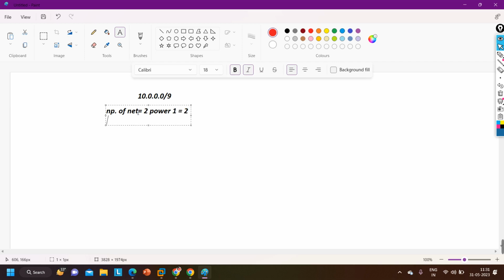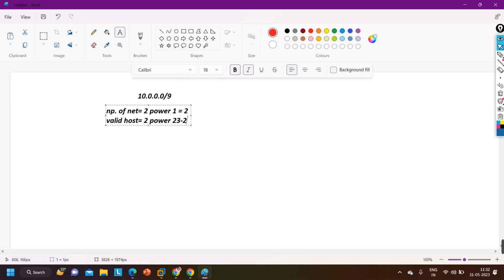Yes, 2. Okay, very good. Valid hosts: 2 power 23 minus 2. Exactly, 23 minus 2. Now you can see how many valid hosts are there in each network.